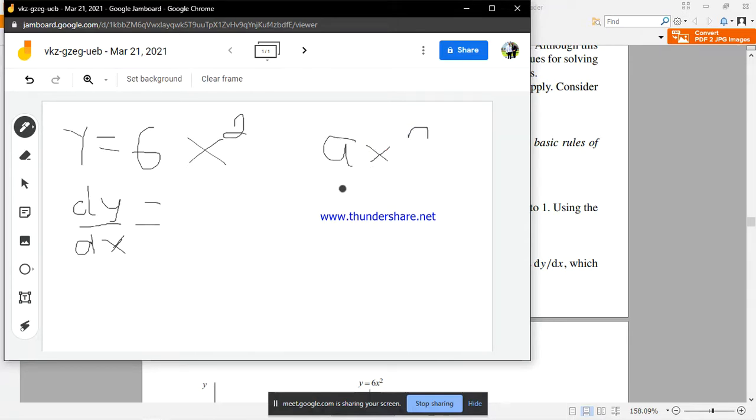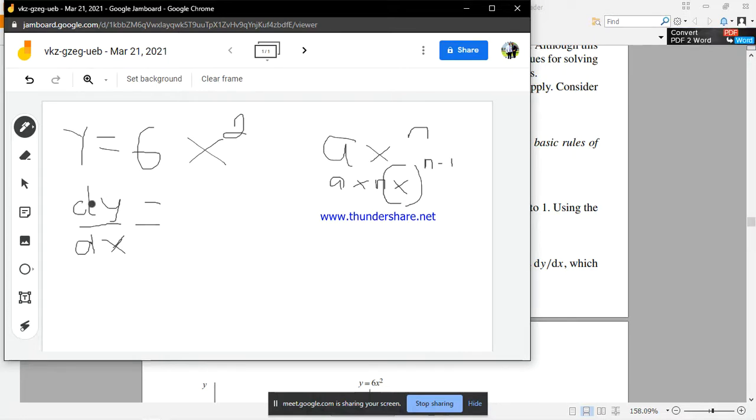I will just say a times n, everything times x, but this x I'll say n minus 1. So this is how we differentiate. This is the simplest method of differentiation, which means here I'll say 2 because 2 is my n, 6 is my a, x is that x.